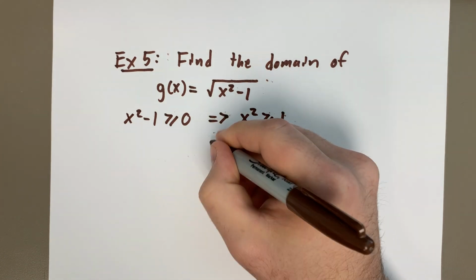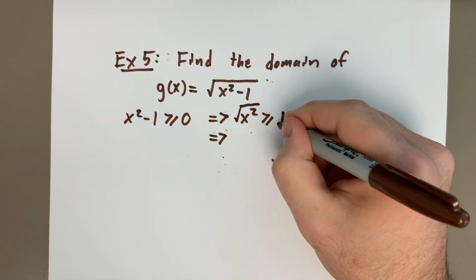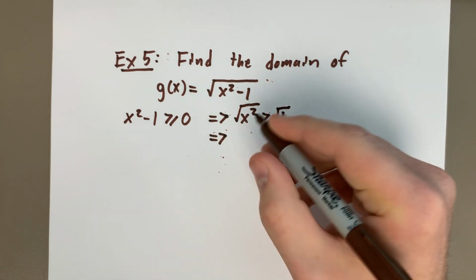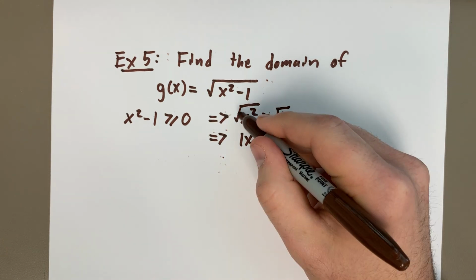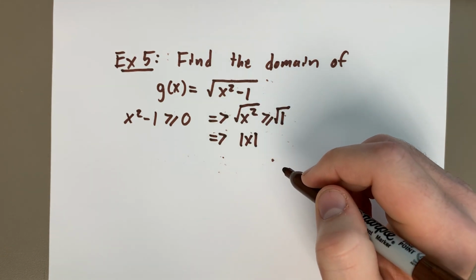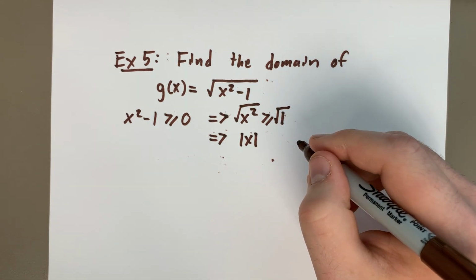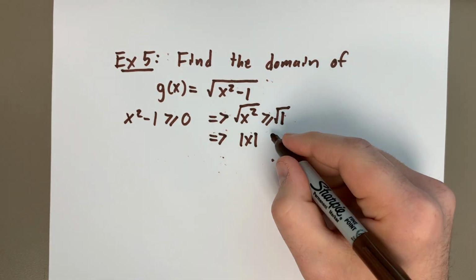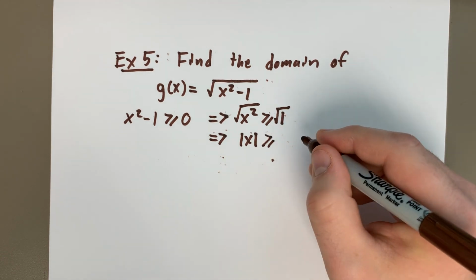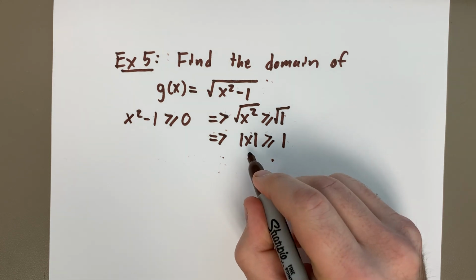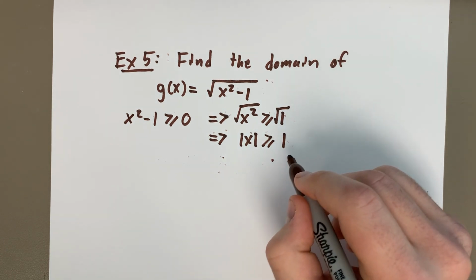But what happens when I do that is that I get the absolute value of x, because x squared square rooted is the absolute value of x. That's by definition what absolute value actually is. And this implies, well, the square root of 1 is just 1. So the absolute value of x is greater than or equal to 1.